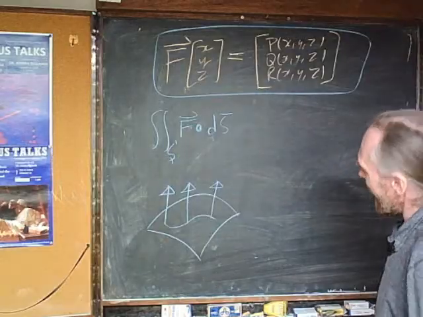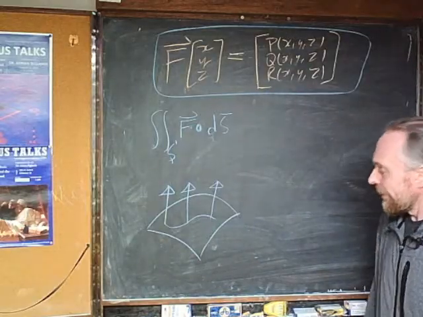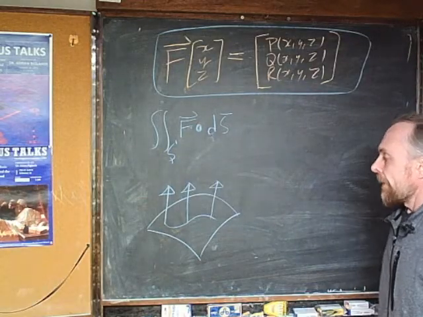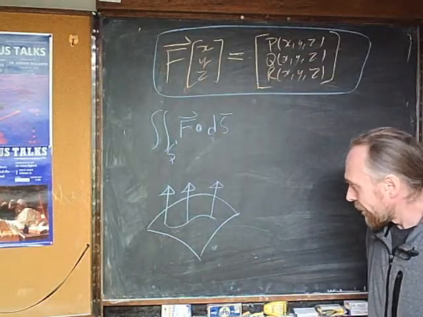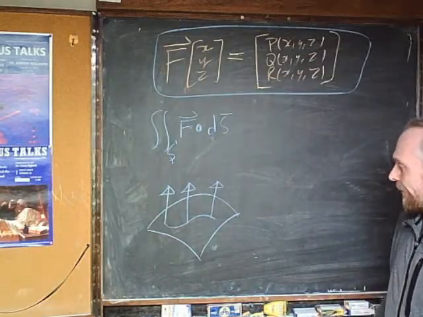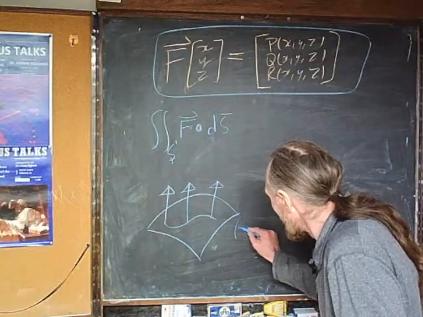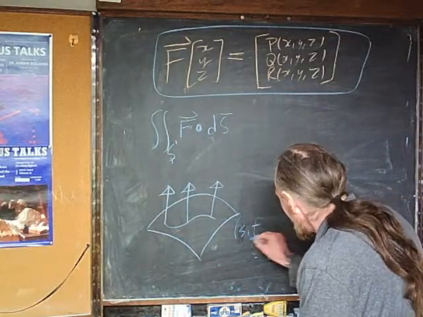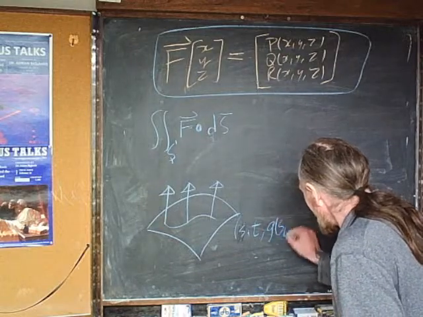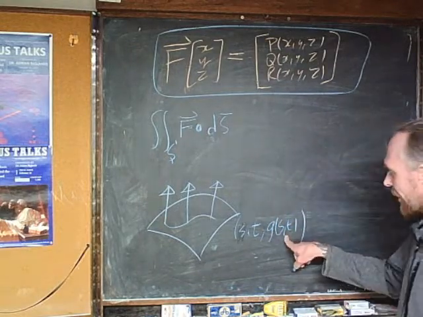For most parts, even if the surface is fairly complicated, we want to use some kind of symmetry or be clever and create it as a graph of a function of the first kind, where I'm just going to call x equal s and y equal t, and then we'll create g of s, t as the z coordinate.